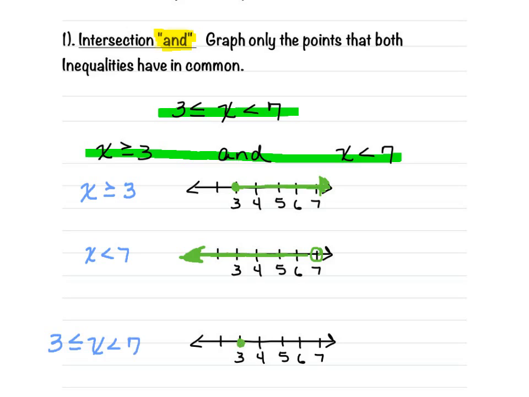So closed circle there, open circle there, and only those points in the middle are the ones that are shaded in. What you have shaded is everything that is greater than or equal to 3 and also meets the criteria of x is less than 7. So this is the first kind of compound inequality. Remember, a key word is "and."